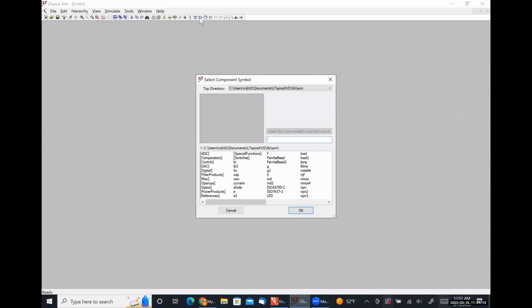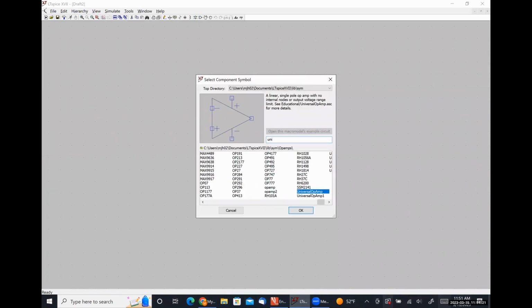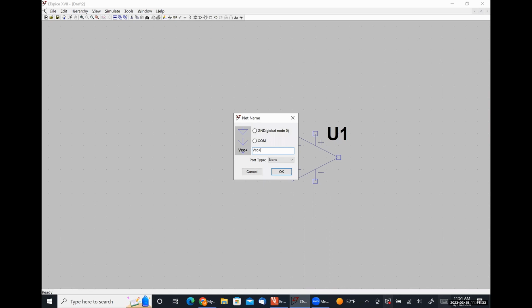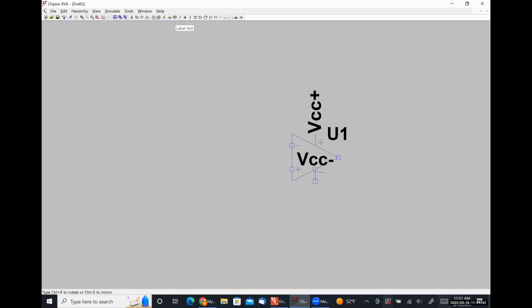Let's start with my op amp. I'm going to use universal op amp 2. I'm going to leave that alone. VCC plus goes here. VCC minus goes down here.